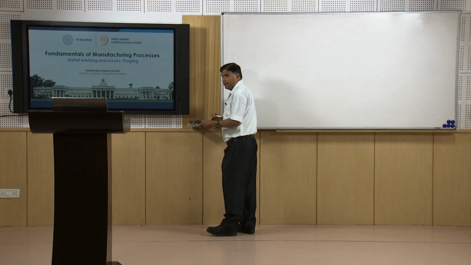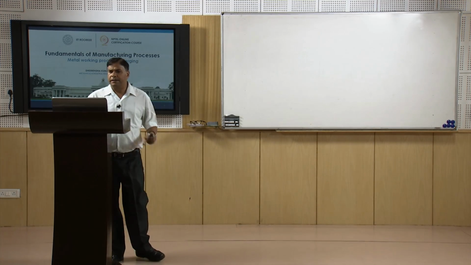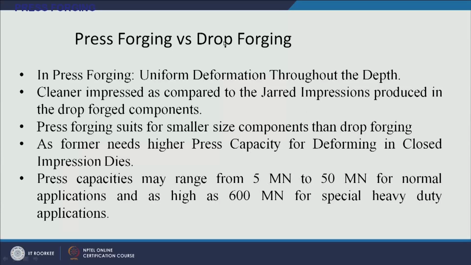Just for comparison, as I have said, press forging and drop forging: in press forging, there is uniform deformation throughout the depth, and the surface is cleaner as compared to drop forged products, because drop forged products have the jarred impressions.